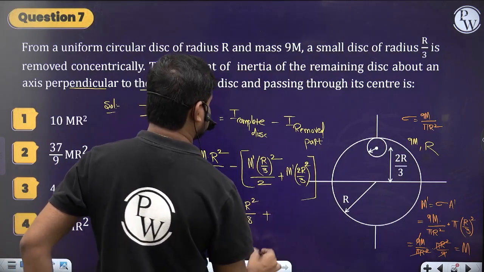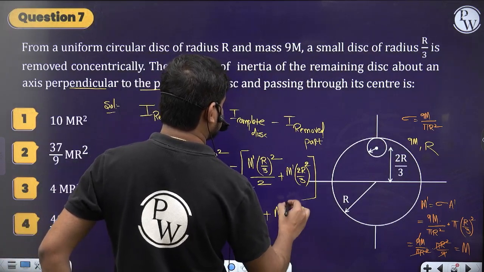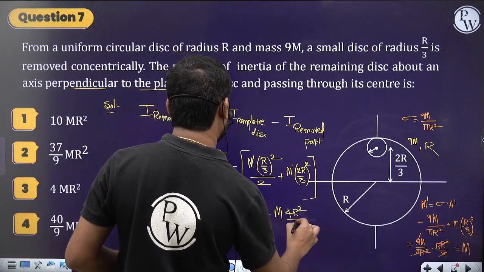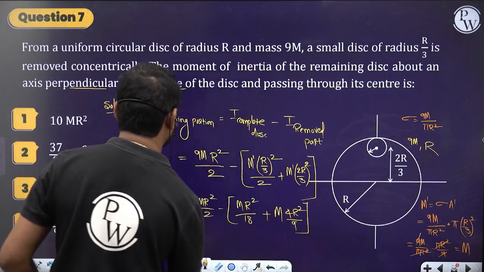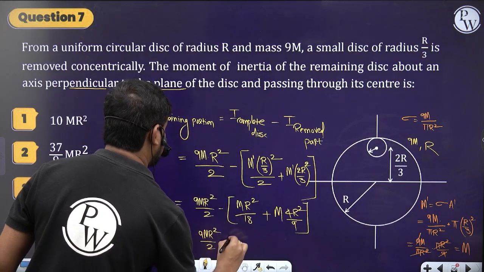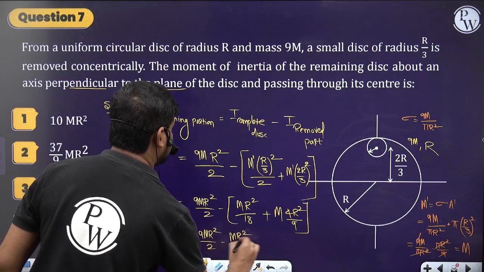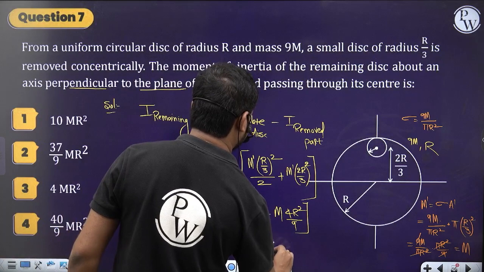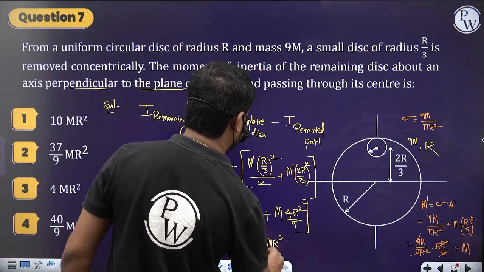Plus this one, M dash is m, so into 2r square, which is 4r square by 9. So 9 mr square by 2 minus mr square by 18 minus 4 mr square by 9.